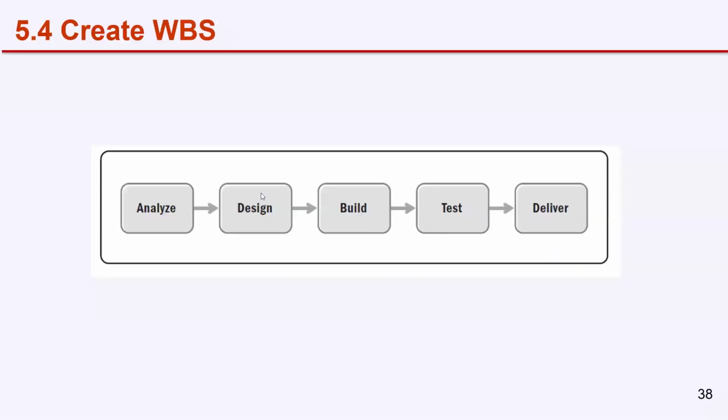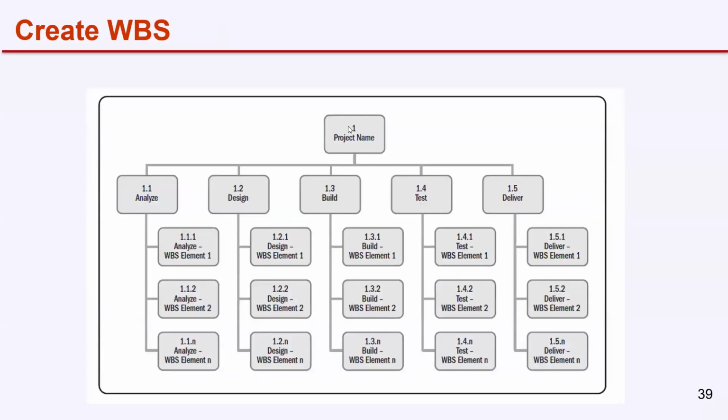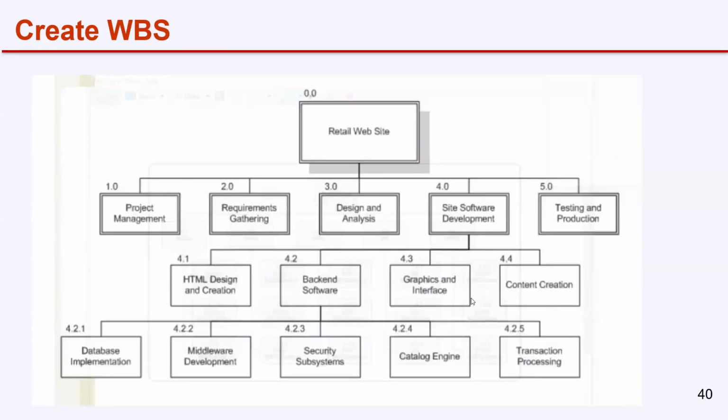So here I have my key deliverables: analyze, design, build, test, deliver. And then, as I told you, level 1 is always project name. Level 2 is how you are organizing. This project is organized like in this way: analyze, design, then you are further decomposing. Here is an example. As I told you, this is in fact a simplified version of WBS.